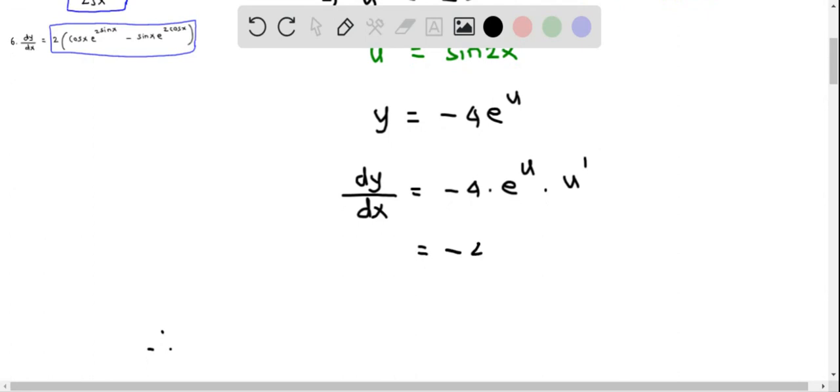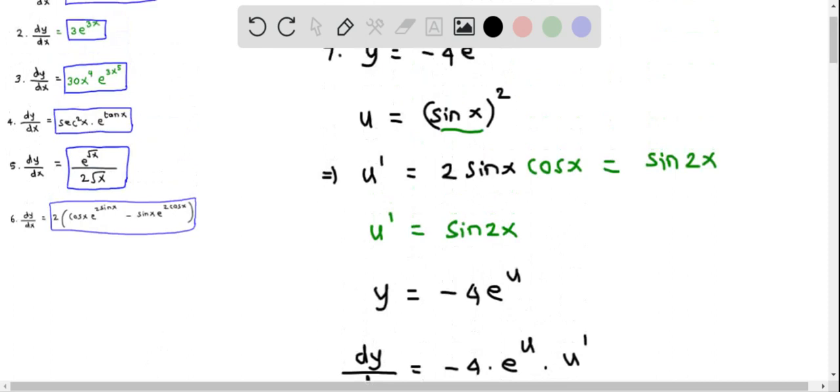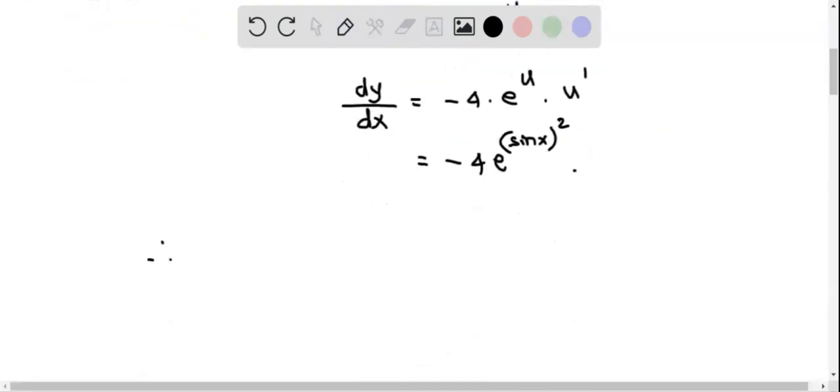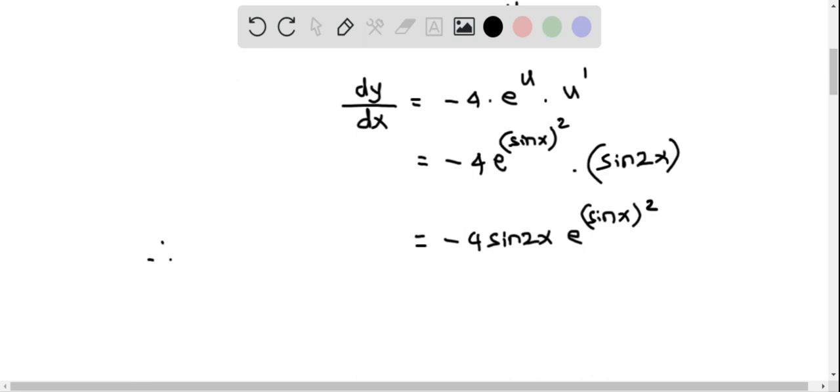So this becomes negative 4 e raised to the power of sine x quantity squared times the derivative of u, which is u prime, which is basically sine 2x. So we multiply this by sine 2x. Let's write this as negative 4 sine 2x times e raised to the power of sine x quantity squared. And so this is the derivative of y, which is dy by dx.